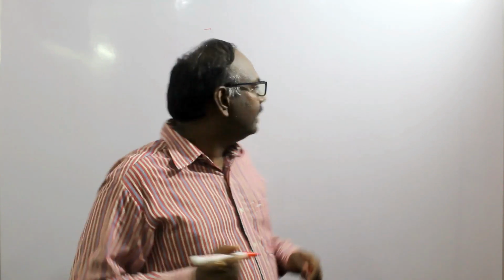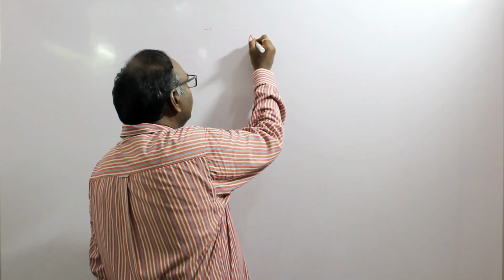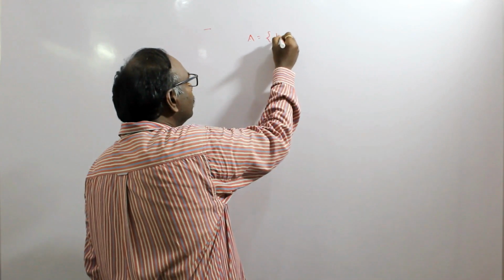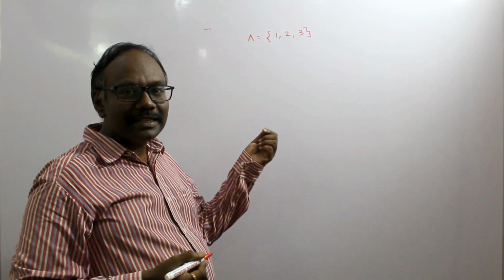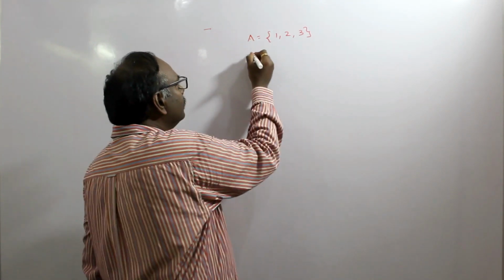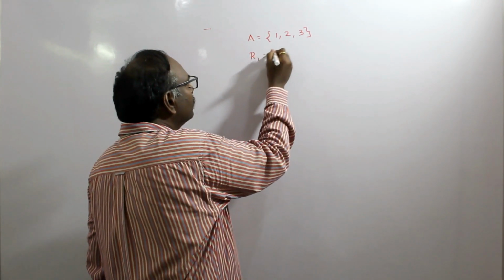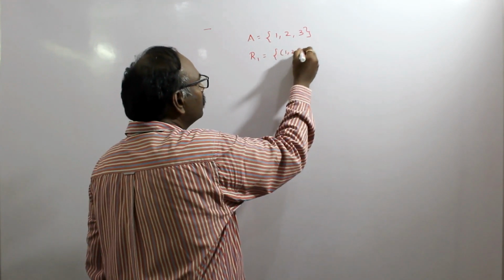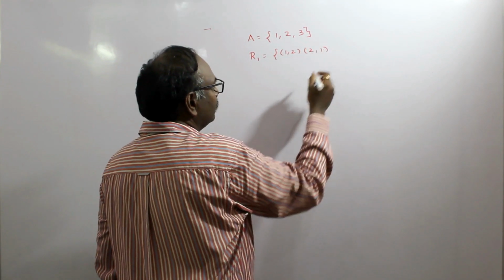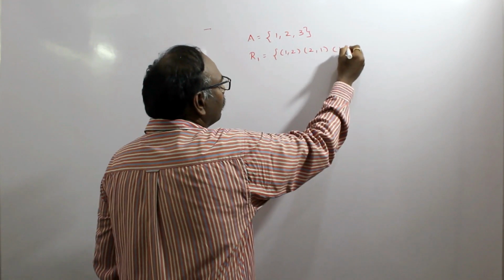Now let us consider another example. Let A be equal to 1, 2 and 3. Let us define relations on set A. R1 contains the ordered pairs 1, 2, 2, 1, 1, 1.